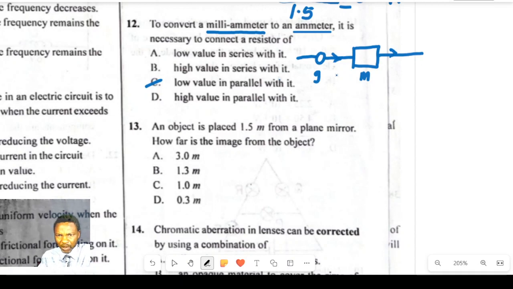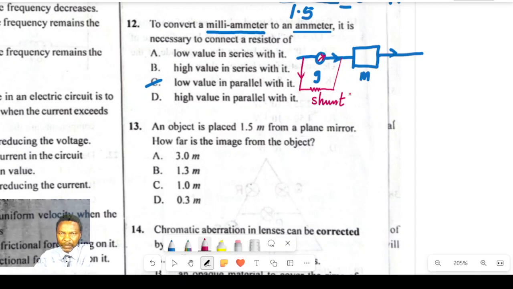But if you want to convert it to an ammeter, all you need to do is connect a shunt, so a low resistance, in parallel with the galvanometer. So this is called the shunt. The reason is so that the high current coming can flow through this shunt and then preserve the galvanometer from being damaged. So question number 12 is C.